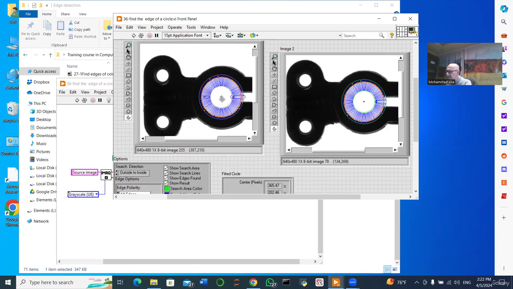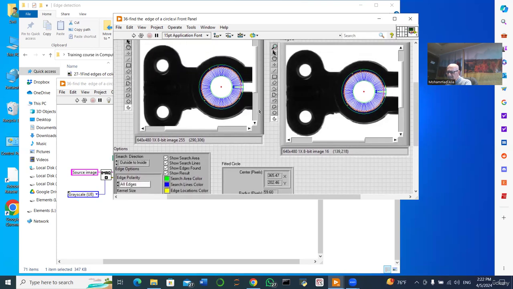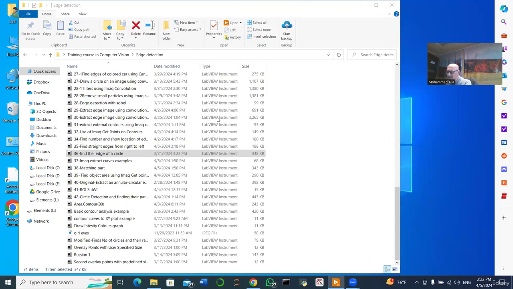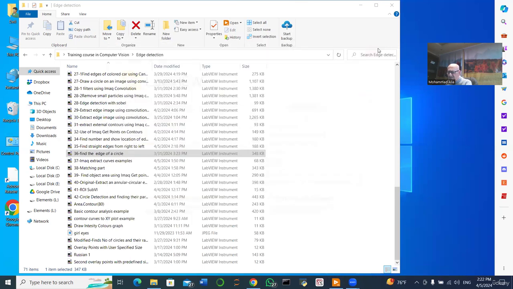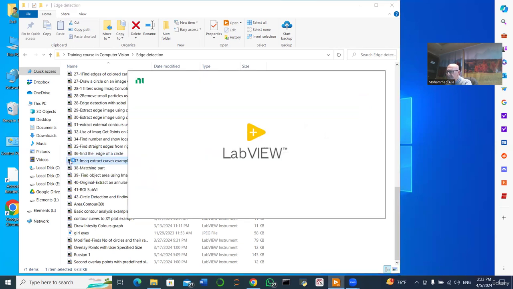Of course, if you know the radius, now I shall show you how to find it also by calculation if we know in advance the value of the radius. The other example here is IMAQ Extract Curves example.